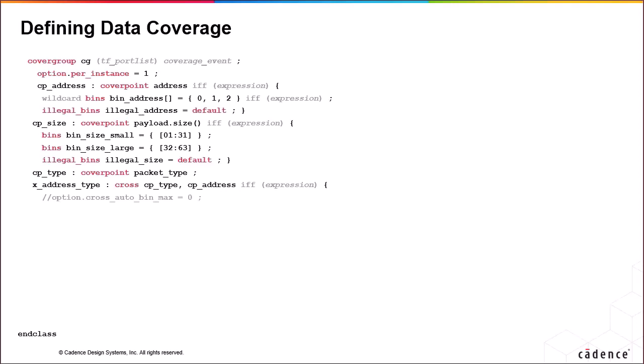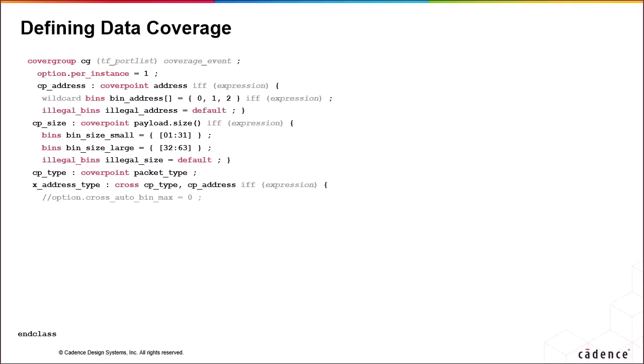The SystemVerilog standard requires this. As an extension to this standard, Cadence Design Systems adds to the cover cross structure option the field Cross Auto Bin Max. Setting it to 0 disables automatically generating those extra cross bins.